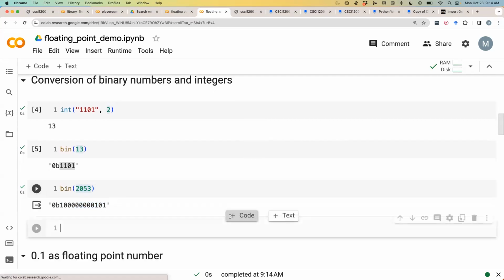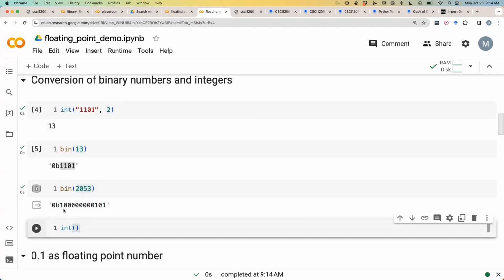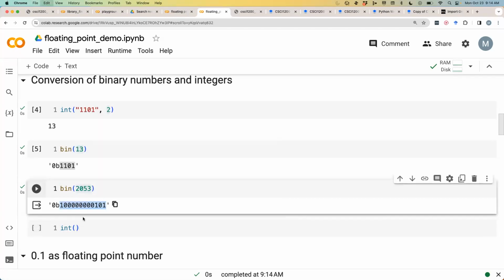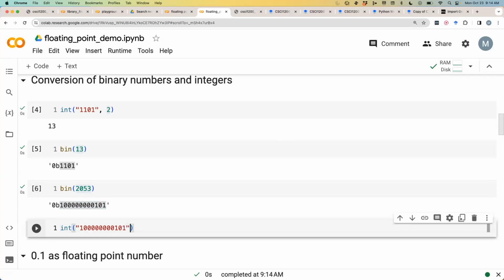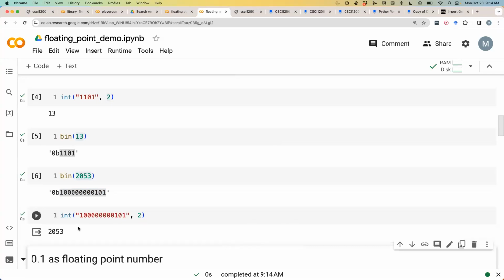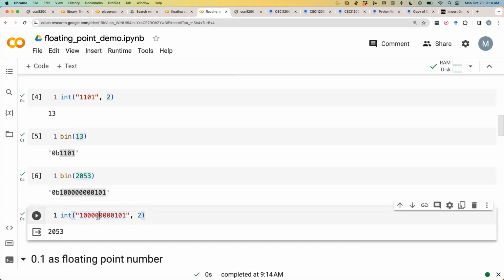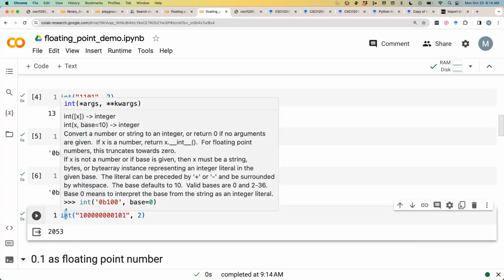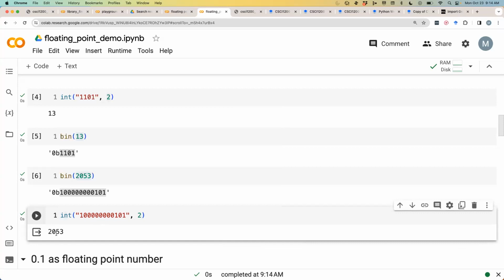And again, you can also convert it back. If you have a binary string like this, which is in base 2, so it's either 0 or 1, and you want to know what integer in base 10 this string represents, you just do int with a comma 2. And this is 2053.